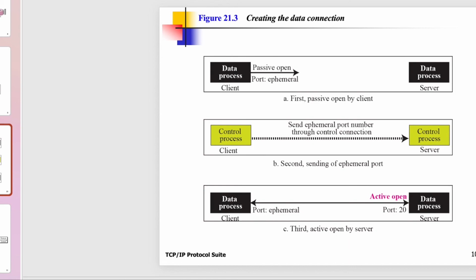The client sends the port number to the server using the PORT command, which we will discuss shortly. The server receives the port number and issues an active open using the well-known port 20 and the received ephemeral port number.